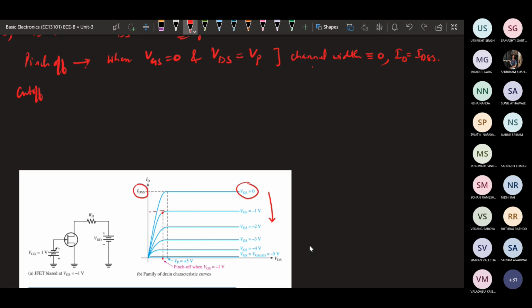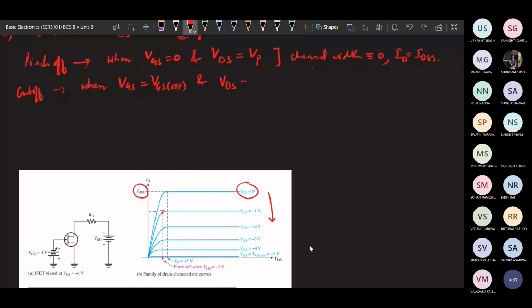Channel cutoff, or the cutoff voltage, is the voltage when VGS is not equal to 0. VGS is equal to some value that is called VGS(off), and at that time the VDS can be any value, but the current will become 0.